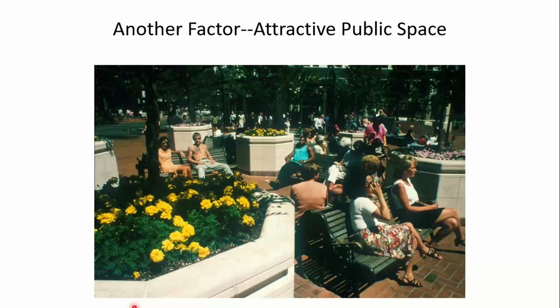And this is also downtown Portland a few years ago. This is called Pioneer Square. It's actually a part of Pioneer Square, which is a whole city block that was originally occupied.